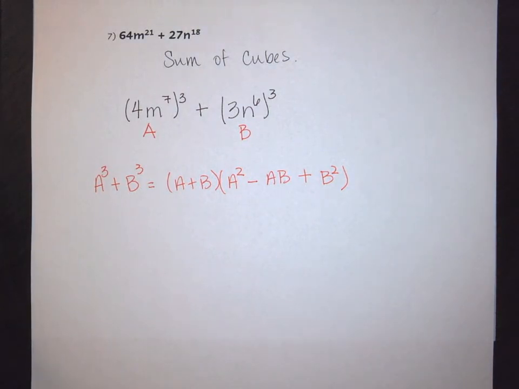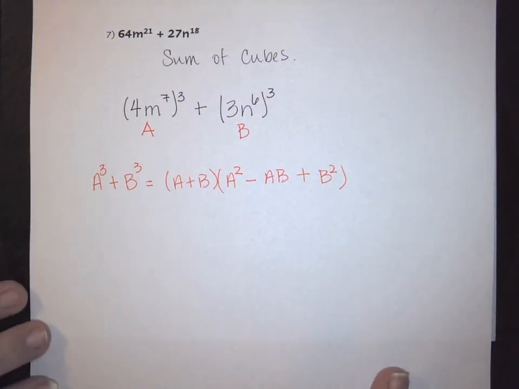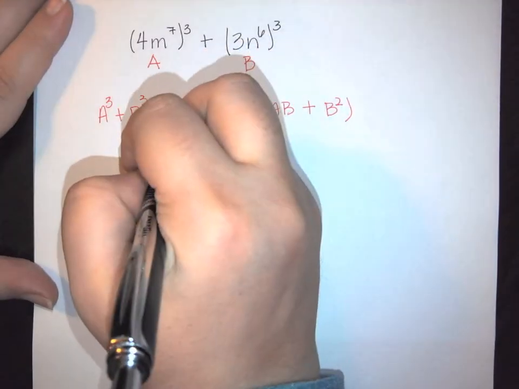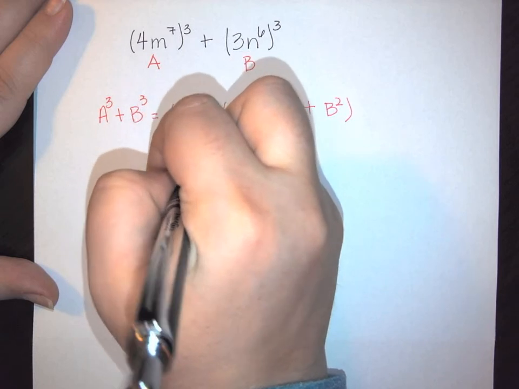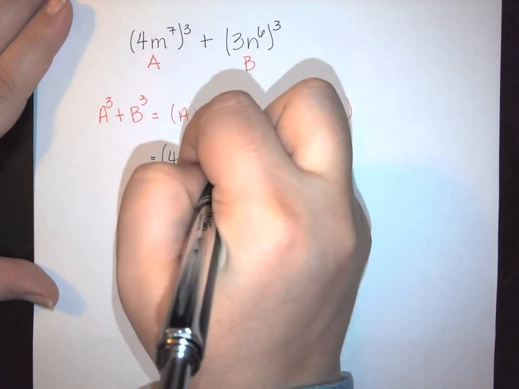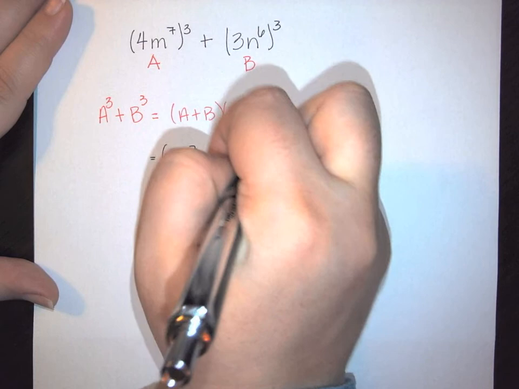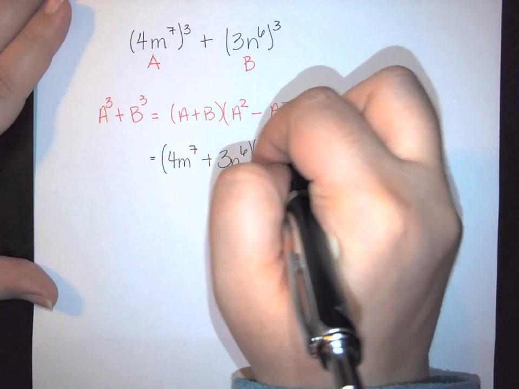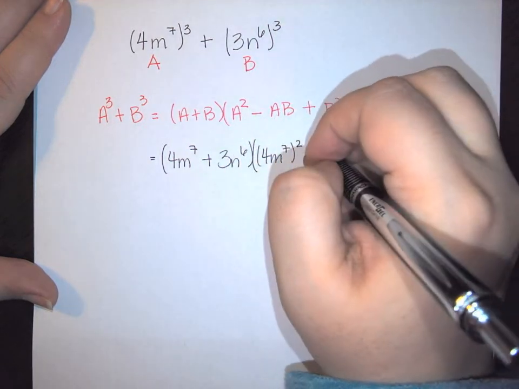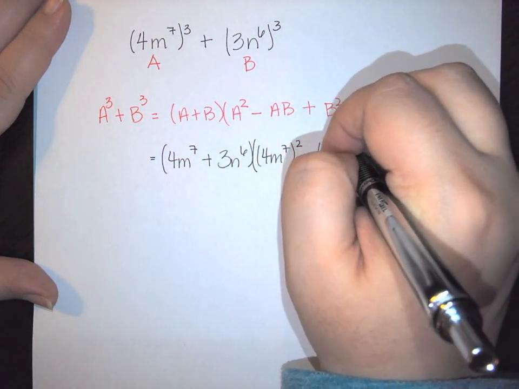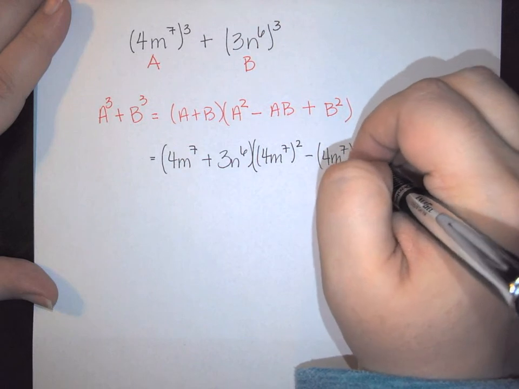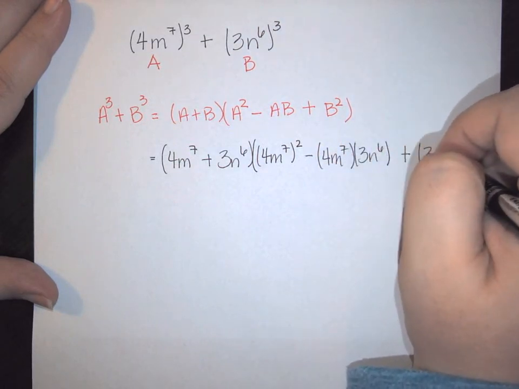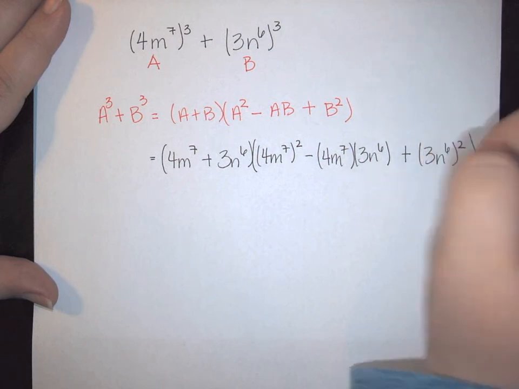So just like before, the only thing that we have to do is just plug our information in. So here we are going to end up getting 4m to the 7th plus 3n to the 6th times 4m to the 7th squared minus 4m to the 7th times 3n to the 6th plus 3n to the 6th squared.